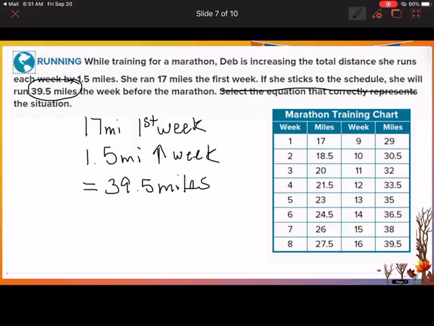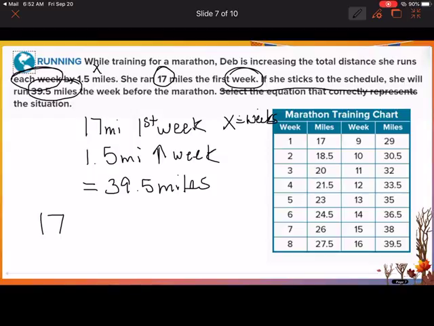And then the question is, do we have a variable? We do have a variable because we don't know the amount of weeks. So we're going to call x equals weeks. Now, if I go back and I look, we started with 17. Is 17 going to be multiplied by weeks? Does it have anything to do with weeks other than that's the first week? No. So we will start with 17. And then it says each week here. Each week. So we said x is weeks.